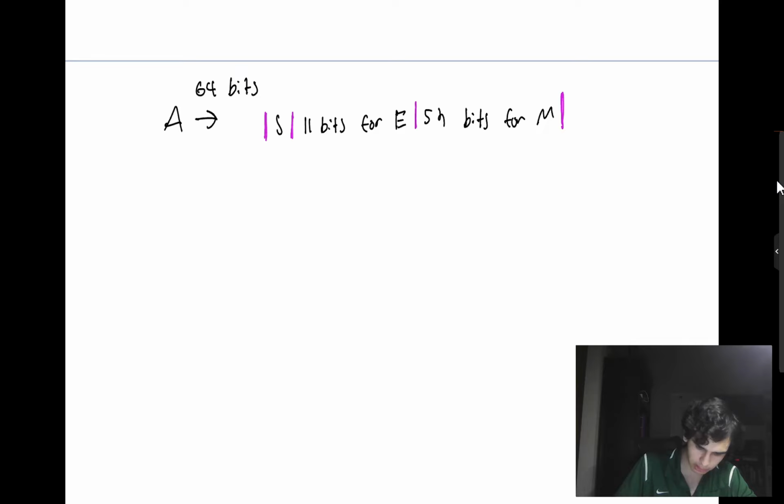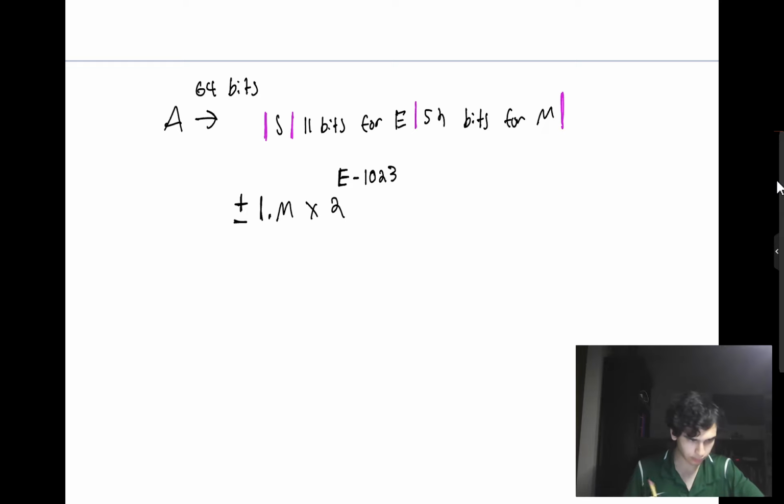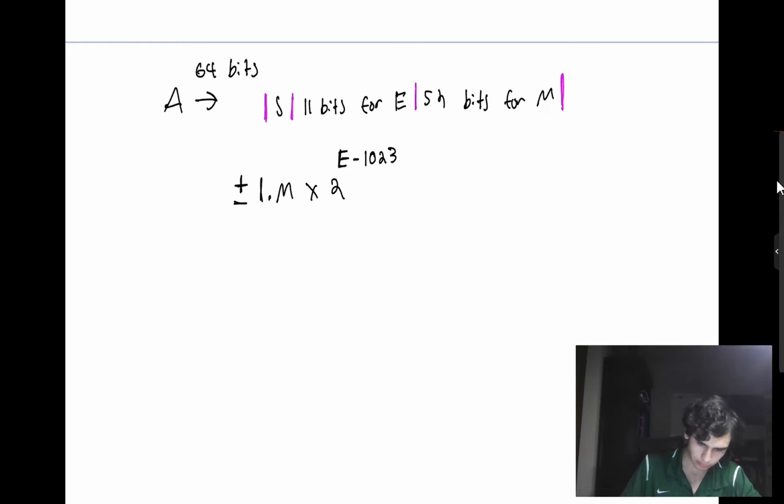And the formula is going to be plus or minus 1 dot m times 2 to the e minus 1023. So, let's do an example.